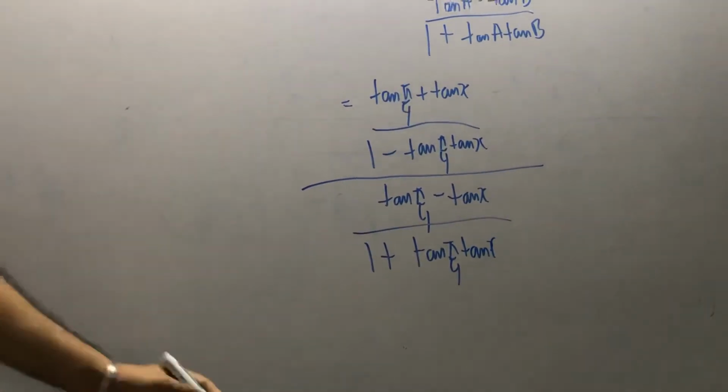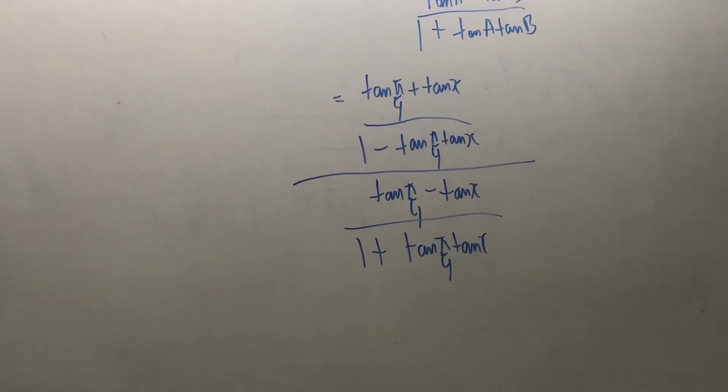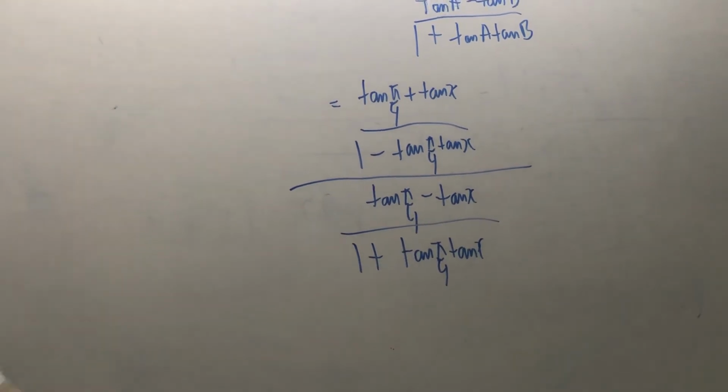Just put the values of a and b. Okay, what is tan pi by 4? Tan pi by 4 means tan 45. Tan 45 is 1.